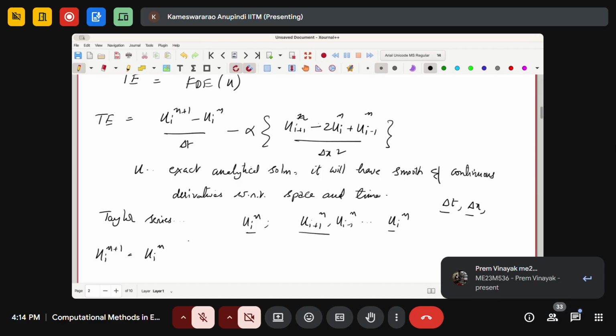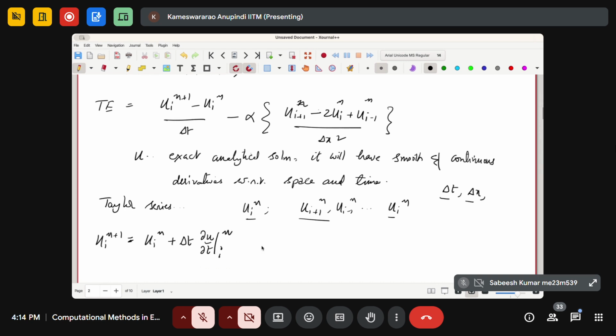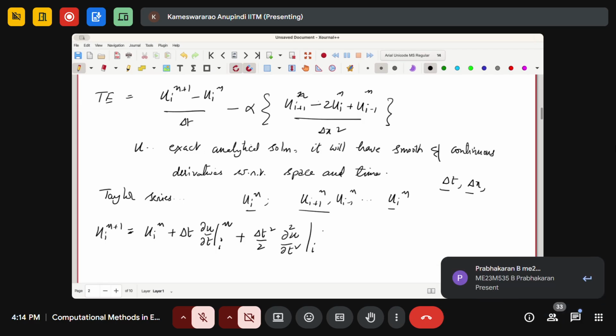So u_i^(n+1) equals u_i^n plus delta t times ∂u/∂t at i and n. Okay, that's what we have. And then we have plus delta t squared by 2, ∂²u/∂t² at i and n, and so on. That's what we'll have.